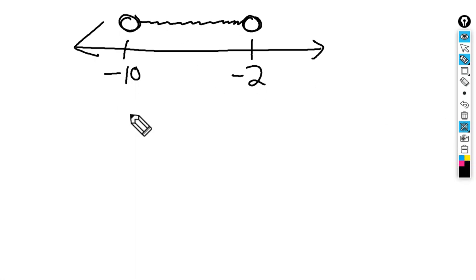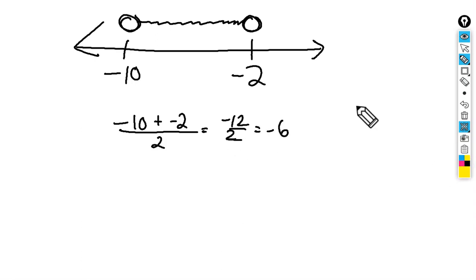Okay, so I'm still going to do the same thing. I need to find the center, so I'm going to add these 2 numbers up and divide by 2. So my center is negative 6. And then I check my distance, so it's 4 to the right, and it's 4 to the left.